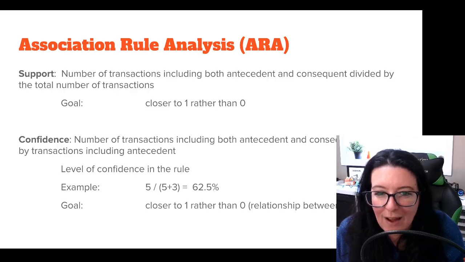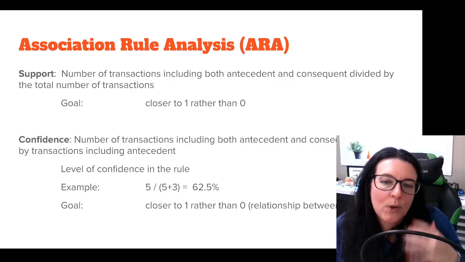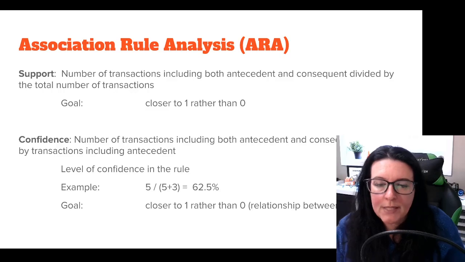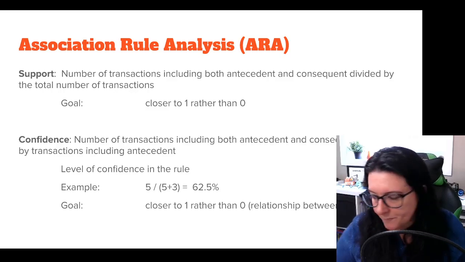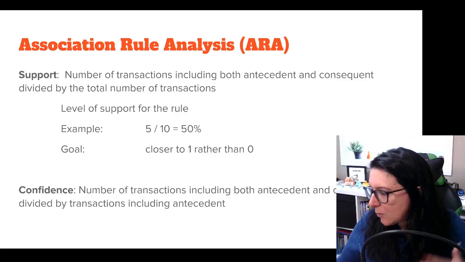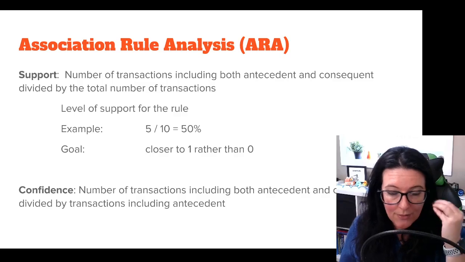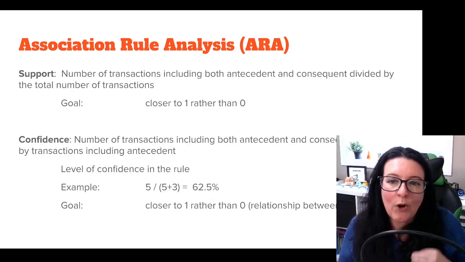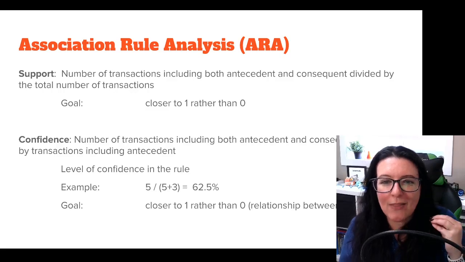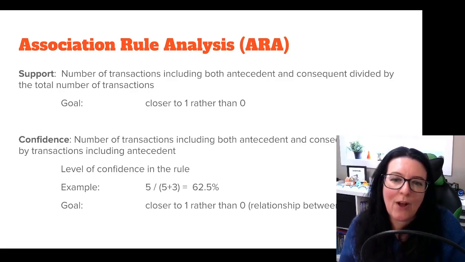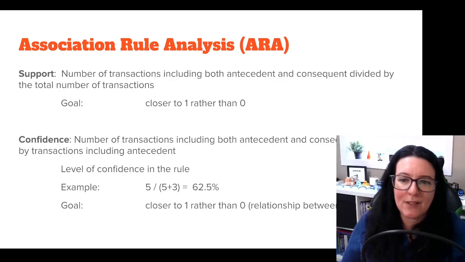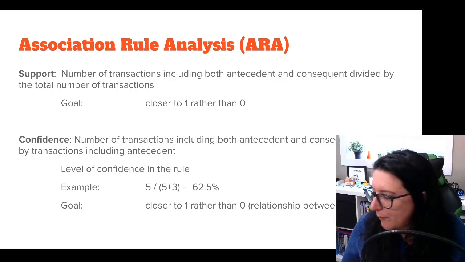Otherwise, your rule is not going to be that helpful. So we're looking for a higher level of confidence and a higher level of support. That is, we want a lot of the times where they buy both of those 2 things together, that's support. And we don't want a whole lot of times where they buy just the shampoo and not the conditioner. So we want a higher level of confidence as well.